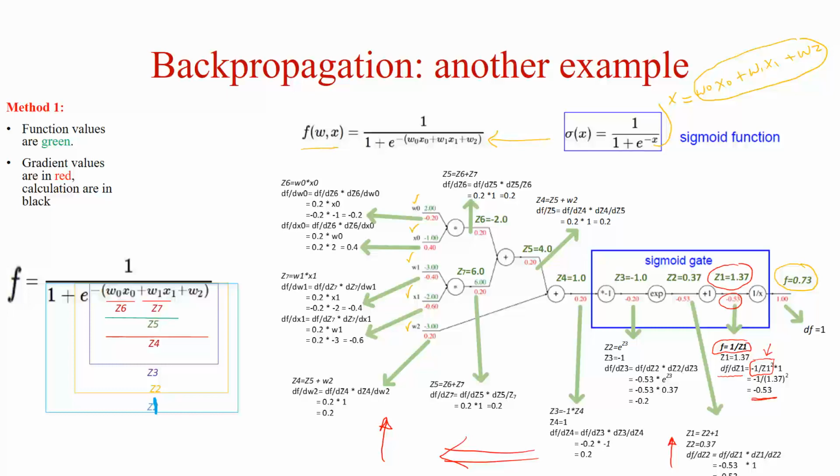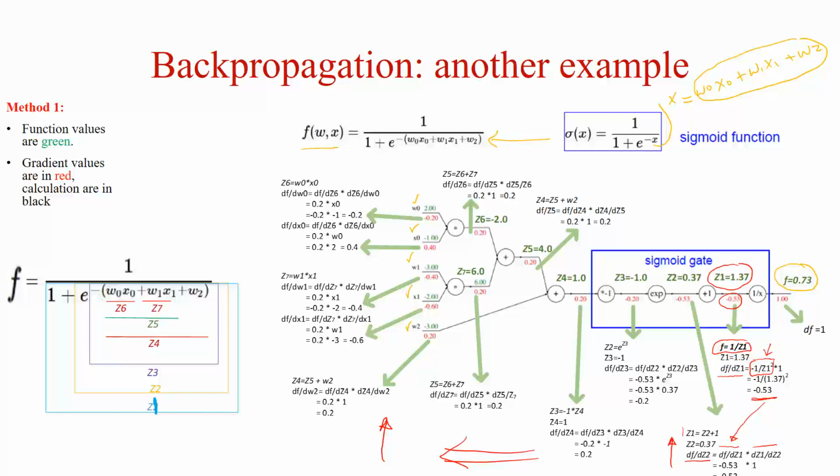Now I can propagate this back to compute delta f over delta z2. So now I need to apply the chain rule. Delta f over delta z2 equals delta f over delta z1 multiplied by delta z1 over delta z2. Well, delta f over delta z1, I have already computed. It is right here. But what is delta z1 over delta z2?